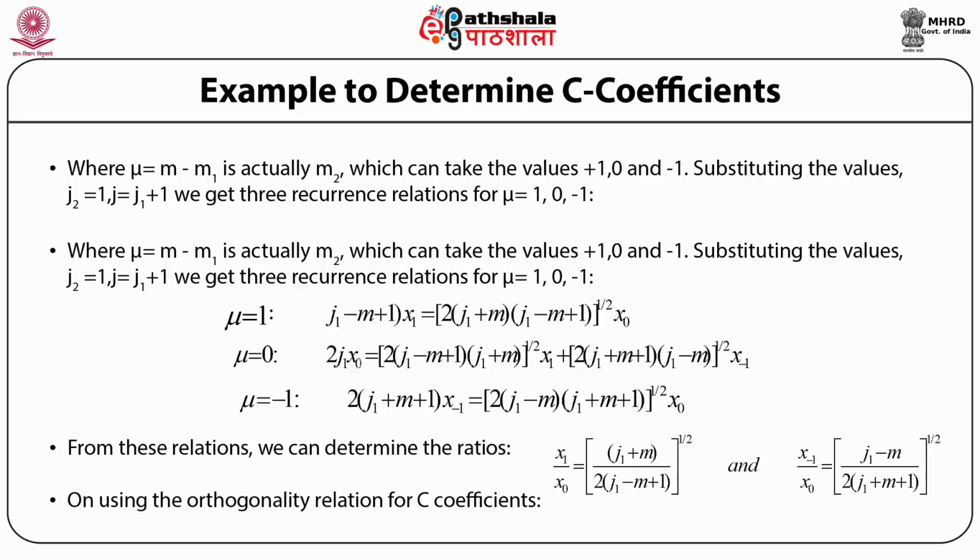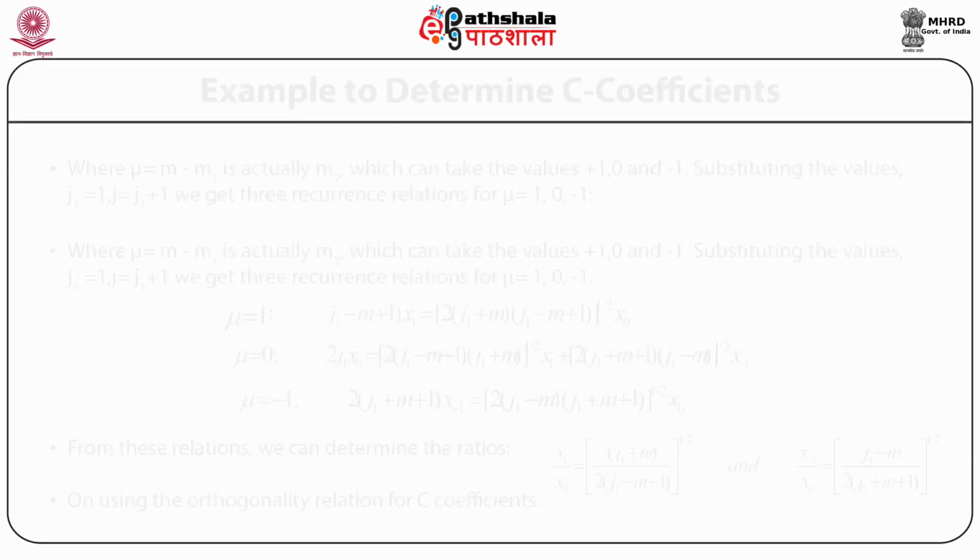Since we've taken the value of j2 to be 1, m2 can take values from plus 1 to minus 1 including 0, and substituting the values of j2 equal to 1, j equal to j1 plus 1, we get three recurrence relations for mu equal to 1, 0, minus 1.